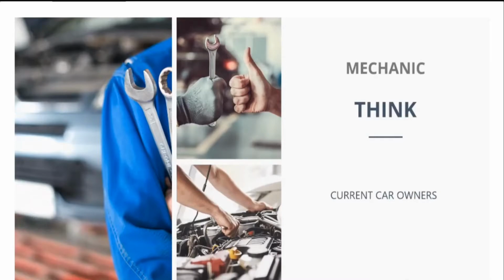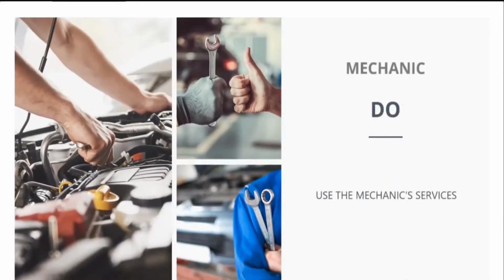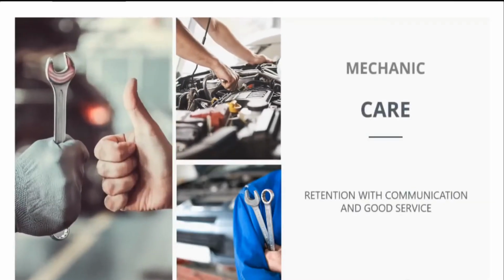So not people who have issues with their cars or who are looking for mechanics, just current car owners, all of those people. Then people in the Do phase would be people who are actually using the mechanic services. And of course, in that phase, it's all to do with the business ensuring that the customer has the best experience ever so that they come back. And that is where Care falls in because you would retain them with good communication and service.